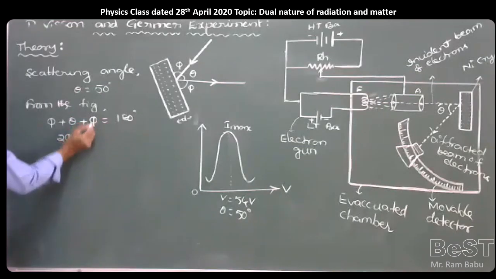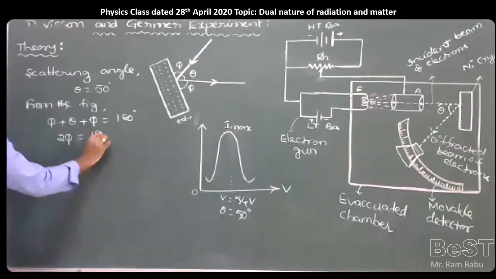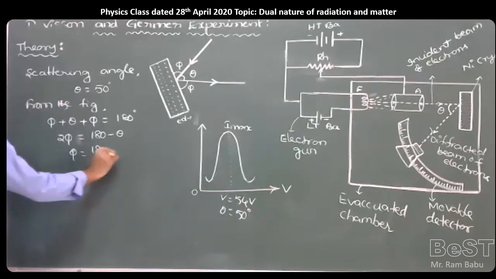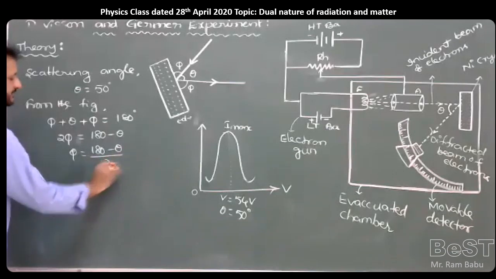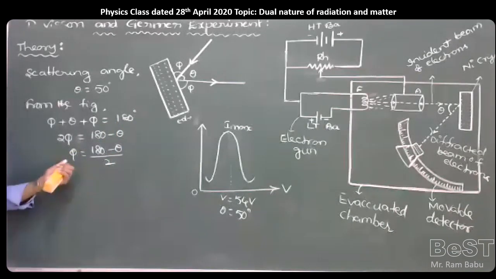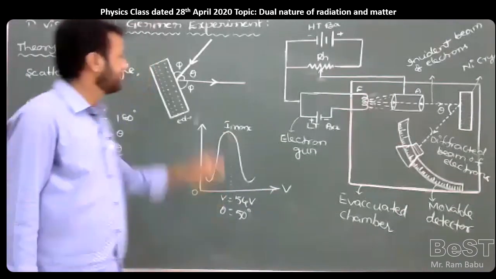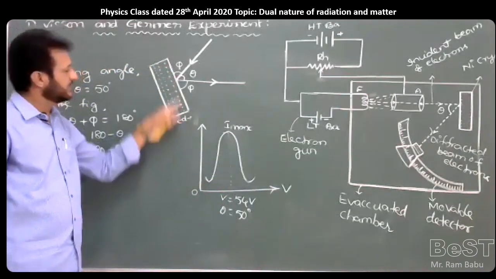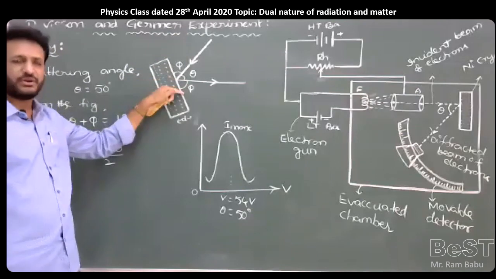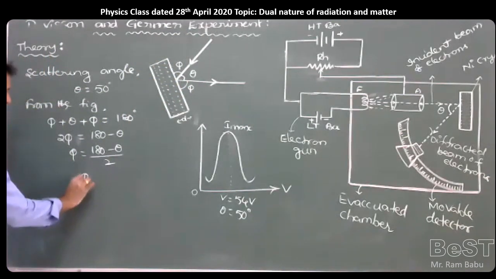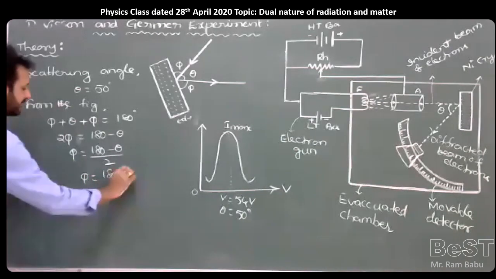Taking this value to the right side, 2 phi is equal to 180 minus theta, or phi is equal to (180 minus theta) by 2. You should write this. This phi is called the glancing angle: the angle between the surface of the nickel crystal and the incident beam of electrons or the scattered beam of electrons. Therefore, phi is equal to (180 minus 50) by 2.